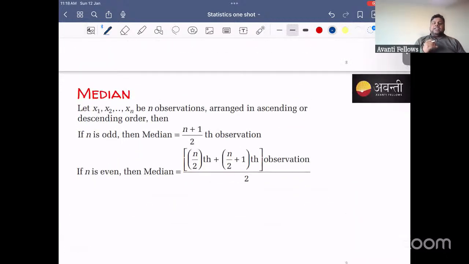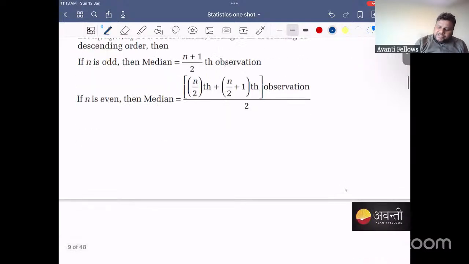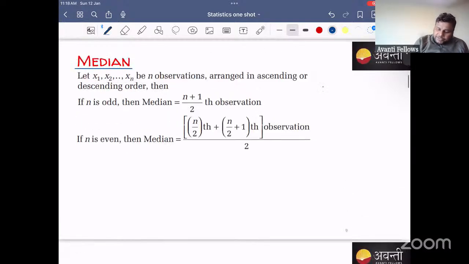Now come to another important point, that is median. Median is what? If all the observations x1, x2, xn are arranged in their ascending order or in their descending order. Got it? Like the observations that I have are 2, 3, 4, 7, 8, 17, 18, like this, 1, 2, 3, 4, 5, 6, 7.